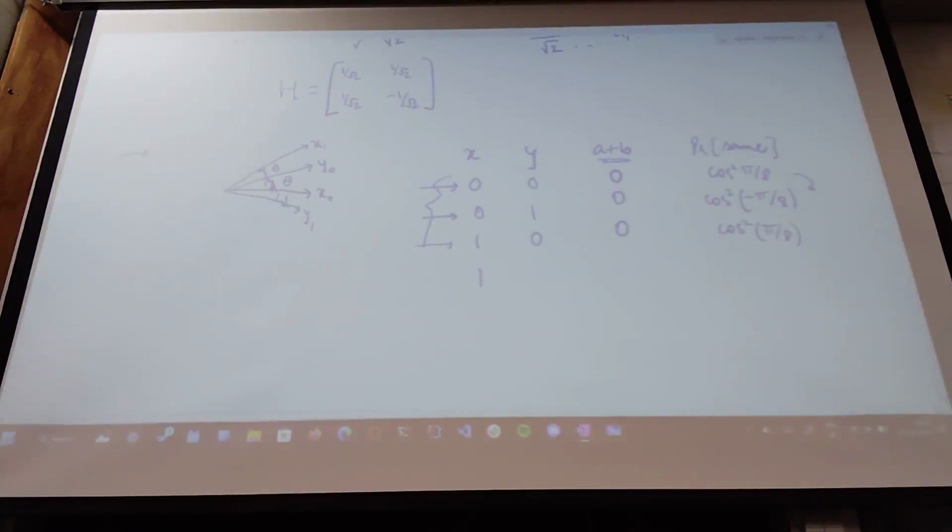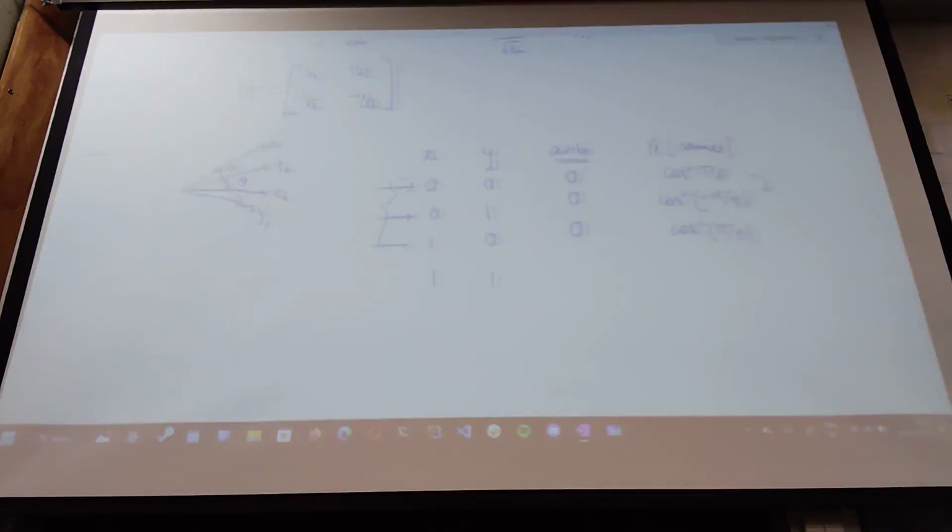And in the last case, 1 and 1, Alice and Bob win if their output sums to 1, which only happens if they have different results, if a and b are not the same.